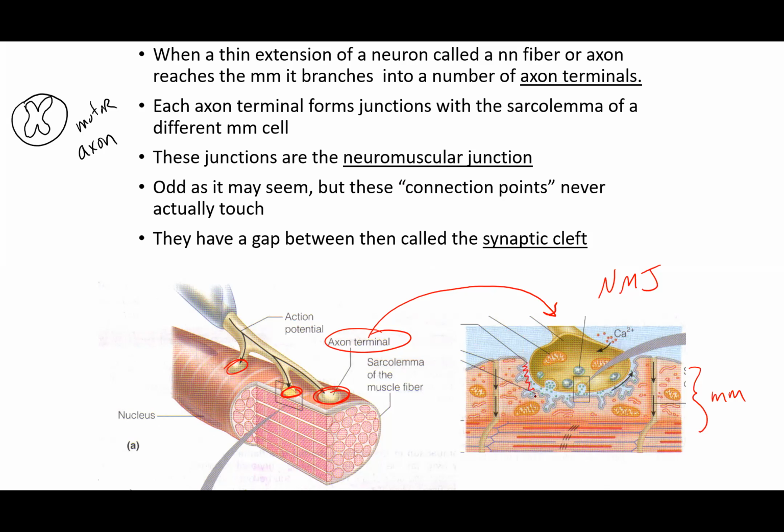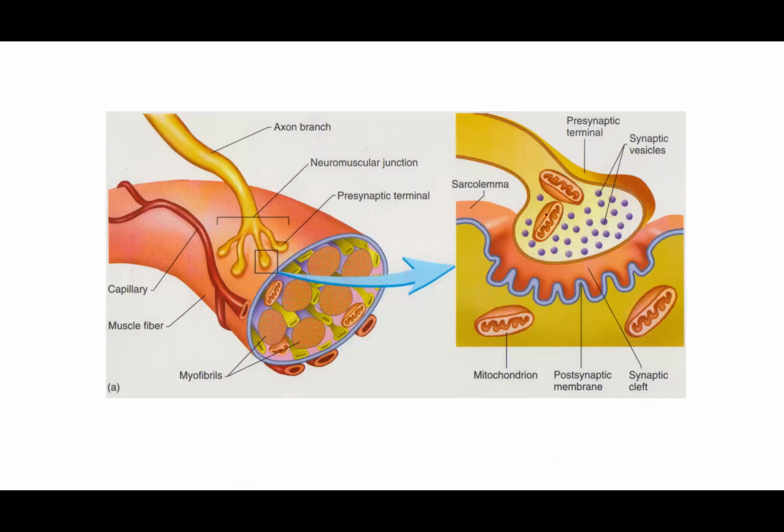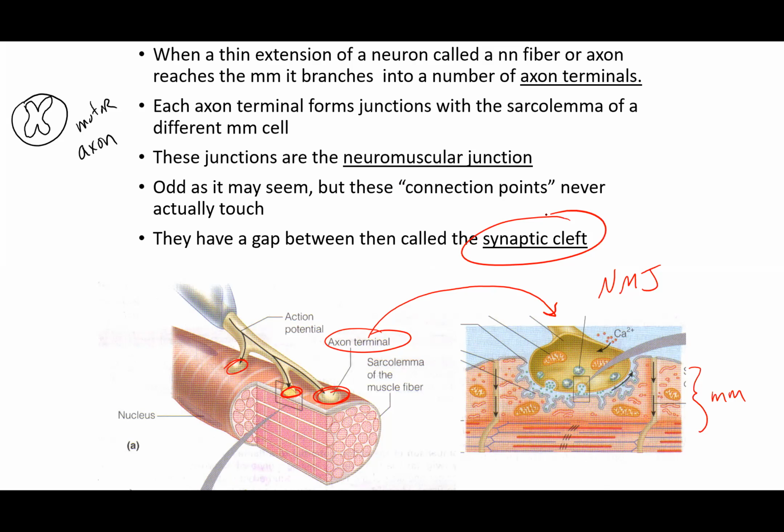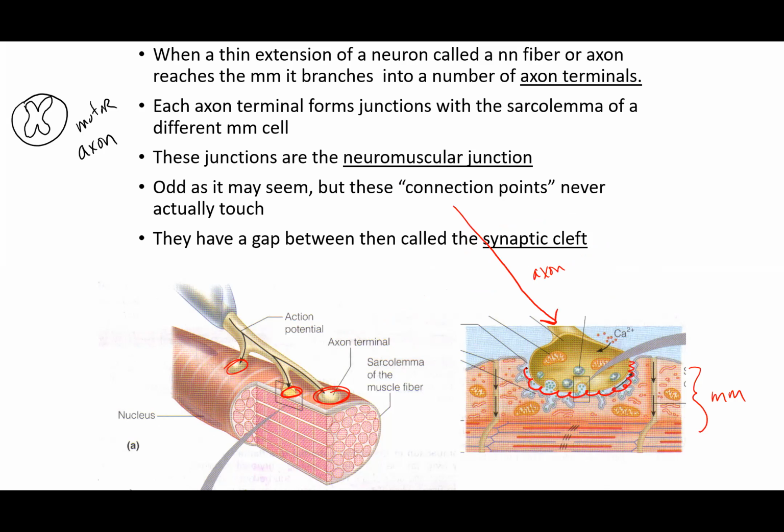Now, you'll notice we have a space here. That space is called the synaptic cleft. So the axon comes in, the end of it is the axon terminal, it embeds itself into the muscle, and you've got this space called the synaptic cleft.